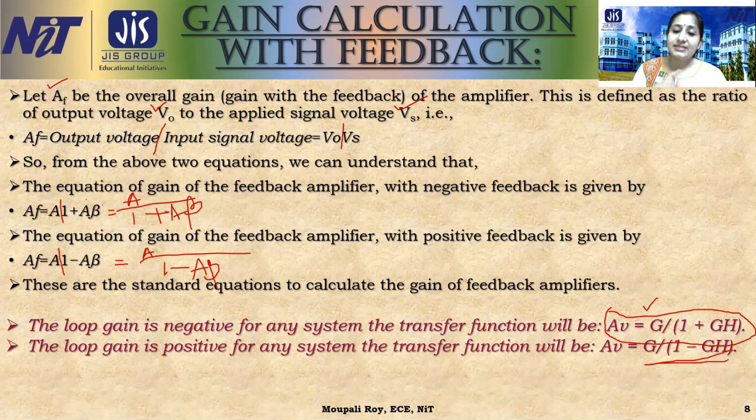That is the feedback amplifier equation. If we replace A with G, that is the equation; if we consider A and beta, then that is the equation. This is for the negative feedback amplifier and this is for the positive feedback amplifier.